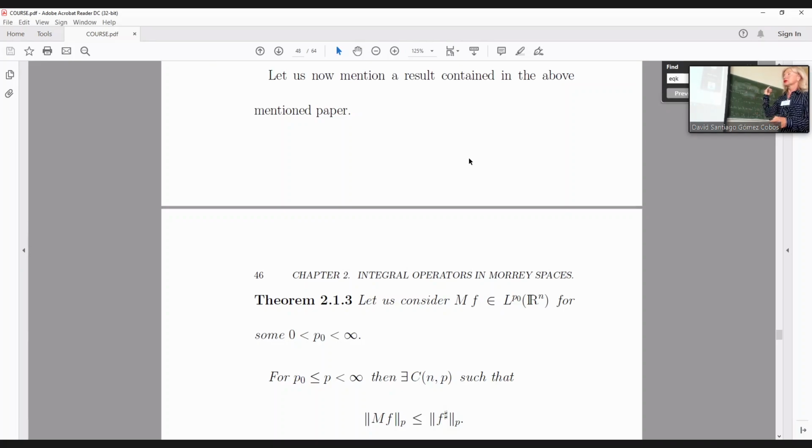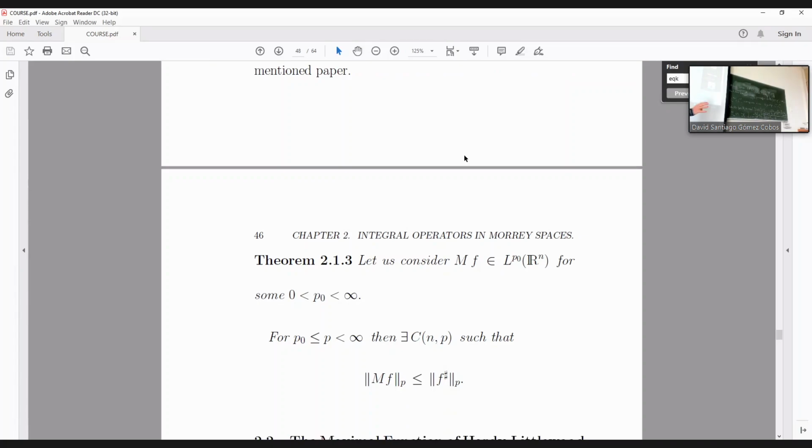It is possible to prove that for every p more or equal to p0 and less than infinity, there exists a constant C that depends only on n and p, such that the relation between these two functions, maximal function and sharp function, is the following one. I point out here that it is exactly the same exponent p, the same Lp space.